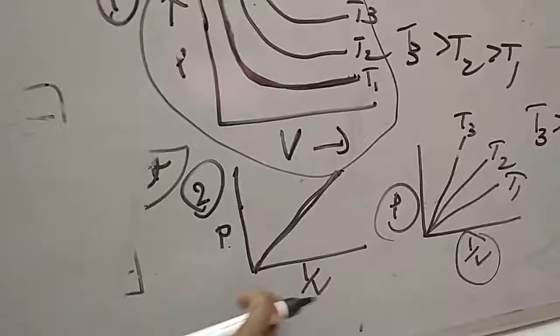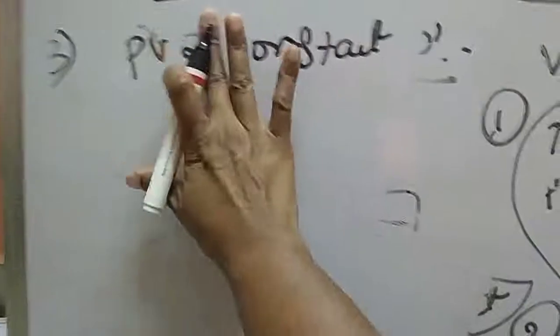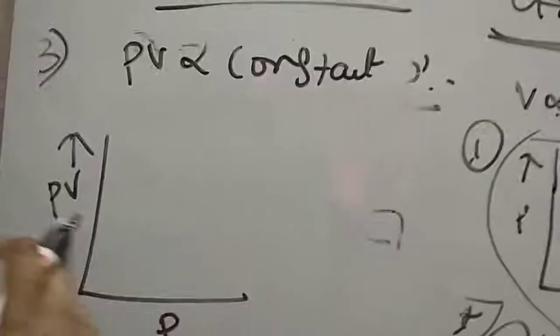This is the first graph, this is the second graph, this is a straight line passing through the origin, this is a hyperbola, and the third relation is nothing but PV equals constant. That one you have to remember, that you are always taking the constant. Here you are taking PV and P. PV is the constant. So if you are increasing the P also, there is no change in PV. That's why it will be like this.